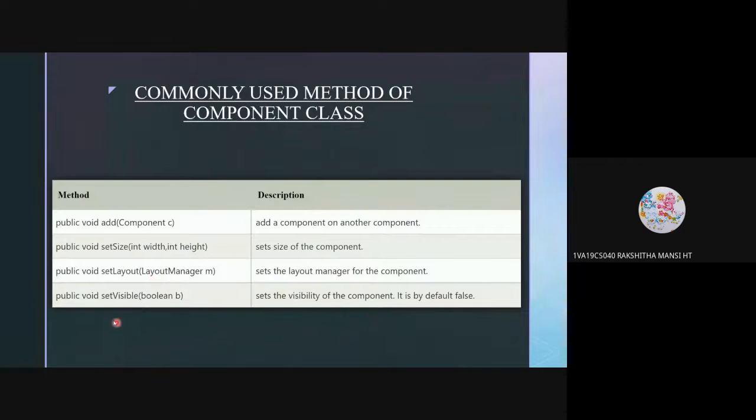And set visible takes boolean parameters, true and false. If I say false, our frame wouldn't be visible, and if I say true, it would be visible. But in Java, by default, set visible is always false. So basically it sets the visibility of the component.